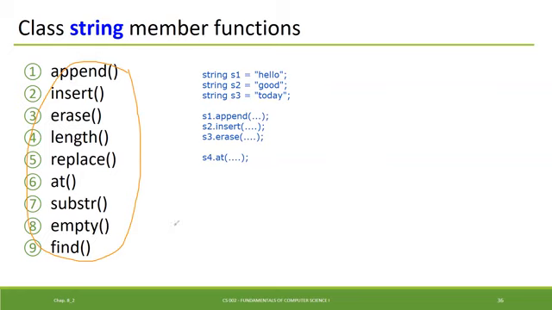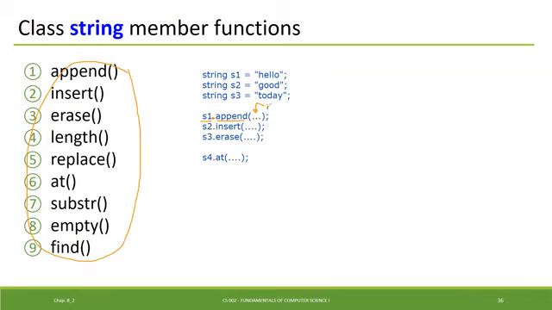And then this shows how to use it: string object dot member function. You should know what to put here. This is an input for the function. Member function is a function. That's why we should have parentheses for the input. And there will be some output or some result. You should know what's going to happen when you use these member functions.